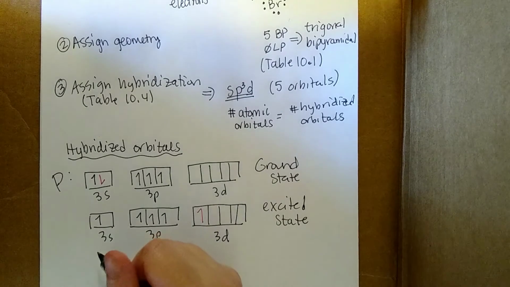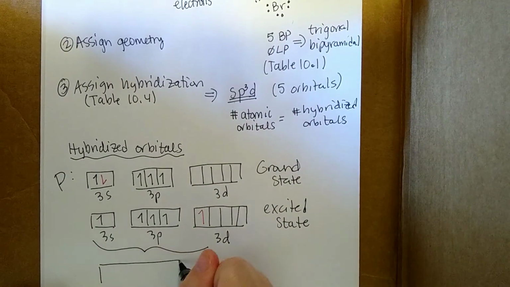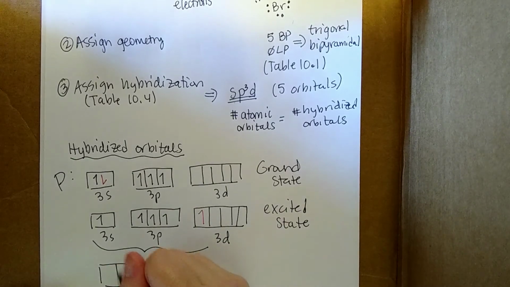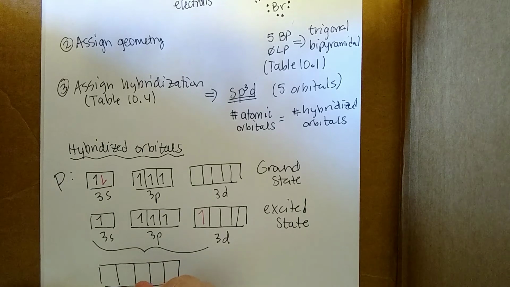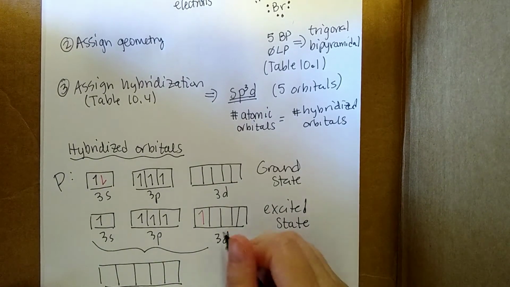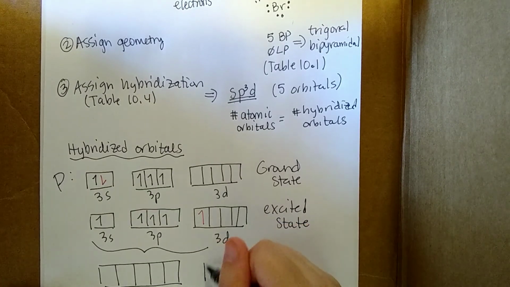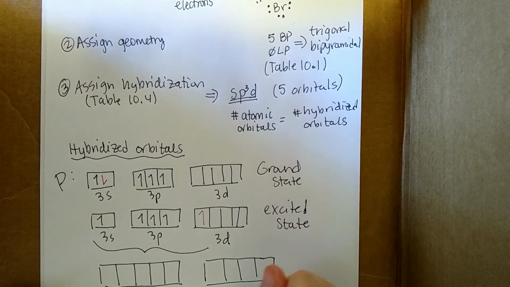And what happens here is that these are the orbitals that combine to make our hybridized orbitals. So these are our sp3d orbitals, all with the same energy. And then we have left over these empty 3d states as well. Once again, these are empty.